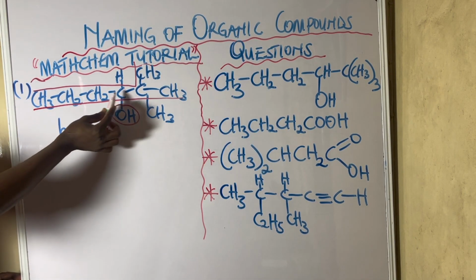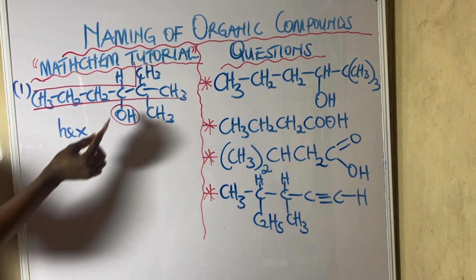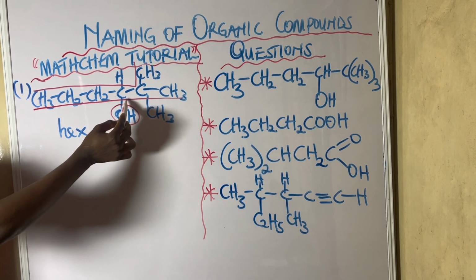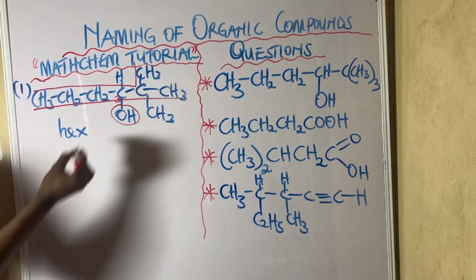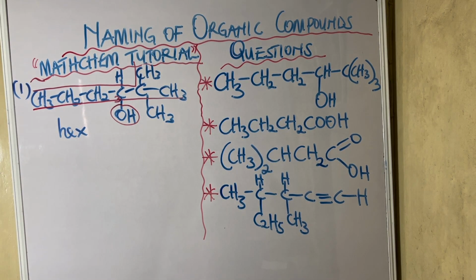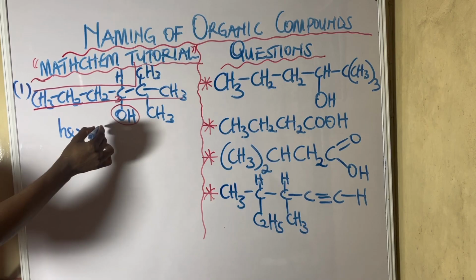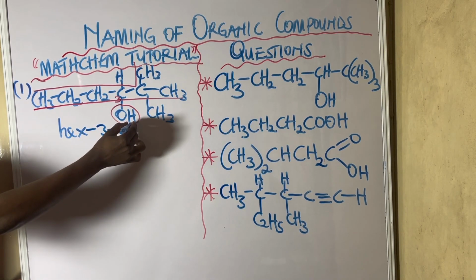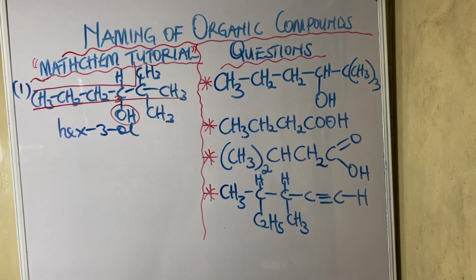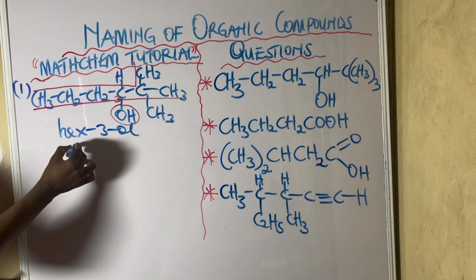This is 1, 2, 3, 4. On 4, I have OH, but coming from here, 1, 2, 3. So I have 3. So I will identify the carbon position of where the functional group is, and that is 3-hexanol.